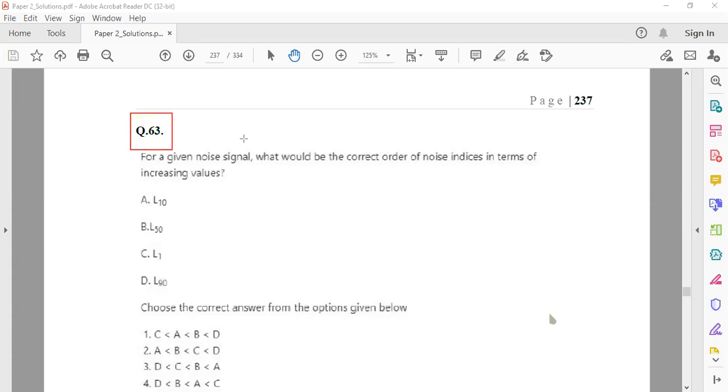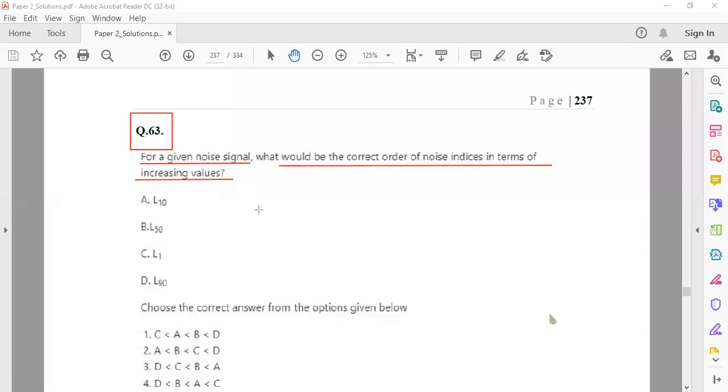So question number 63. It says that for a given noise signal, what would be the correct order of noise indices in terms of increasing values? When we were talking about these noise indices, I told you already what you mean by L90: that 90% of the total time of the experiment, the recordings are higher than that value, then we call it L90.